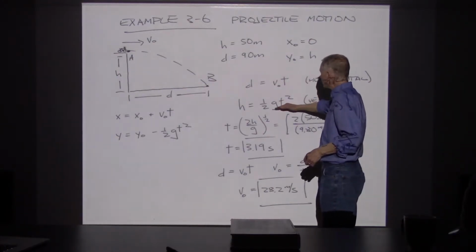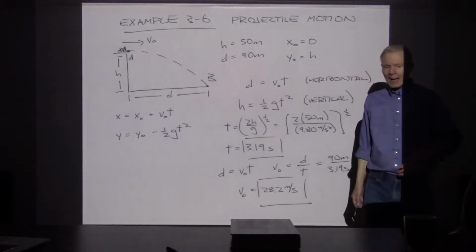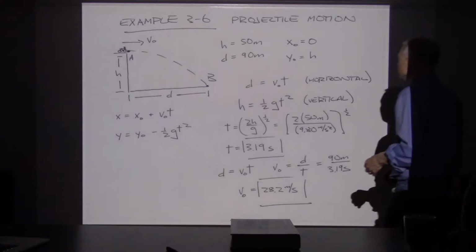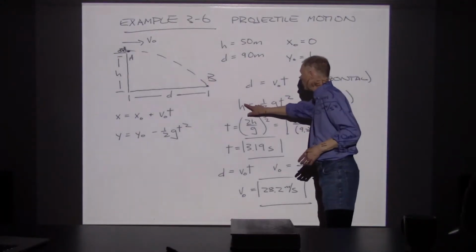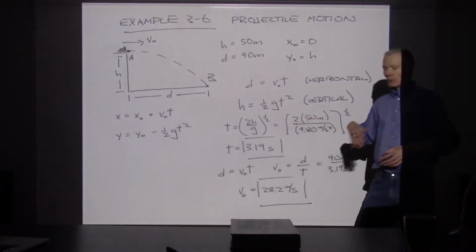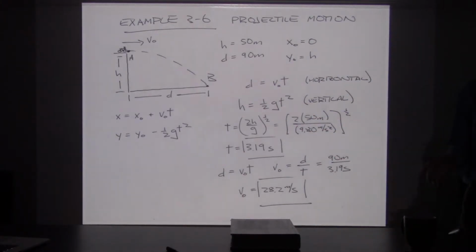So if I move over to the vertical direction and I ask, is there a way in the vertical direction I can find out how much time it's going to take to drop and impact with the ground? And there is. So I know the height, and I know the gravitational field of the Earth. I'm assuming this is being done on planet Earth, that they haven't moved to a different location. It's not the moon.